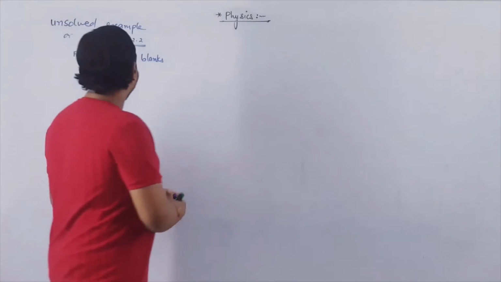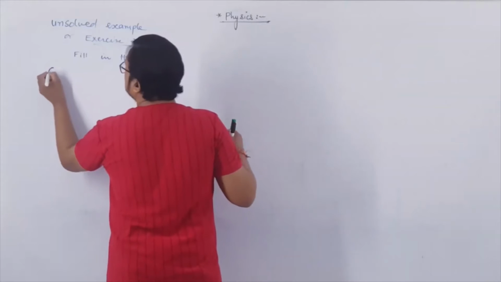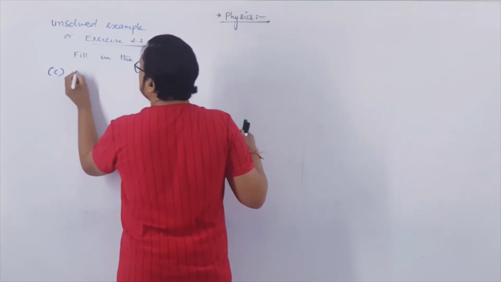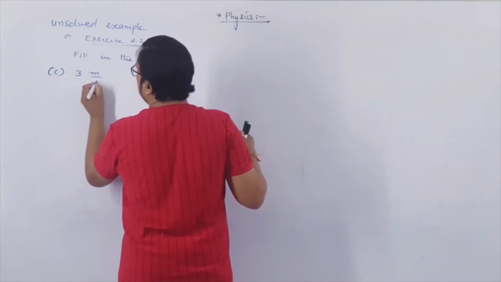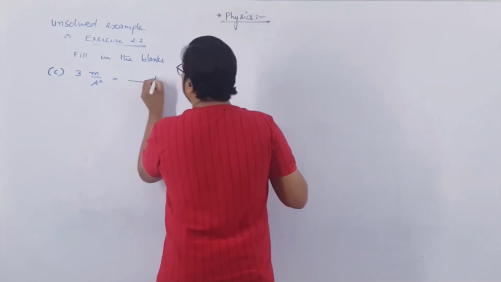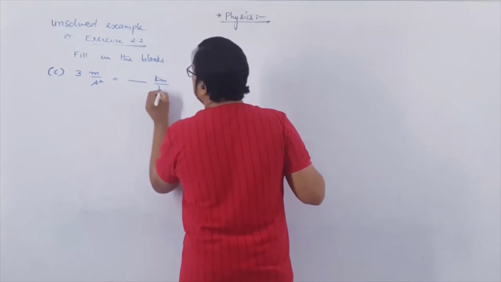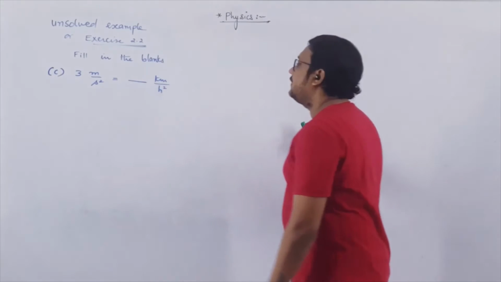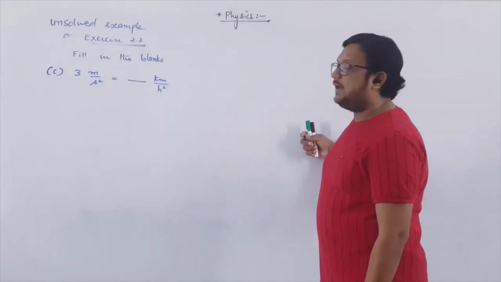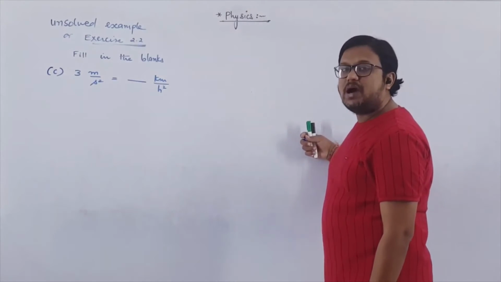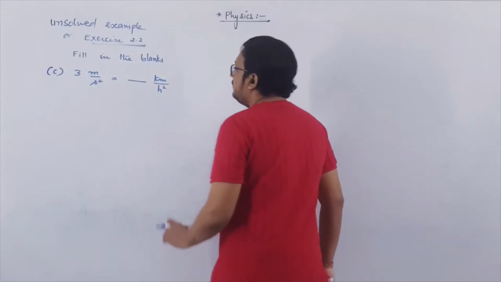Now the third one, that is case C: 3 meter per second square is equal to blank kilometer per hour square. Now we have to convert 3 meter per second square into blank kilometer per hour square.